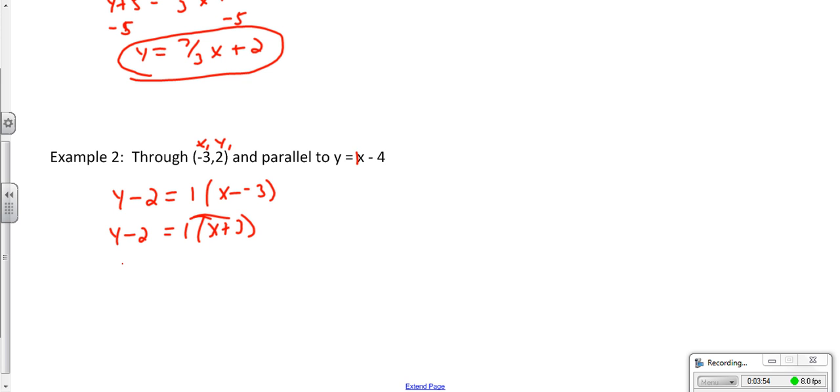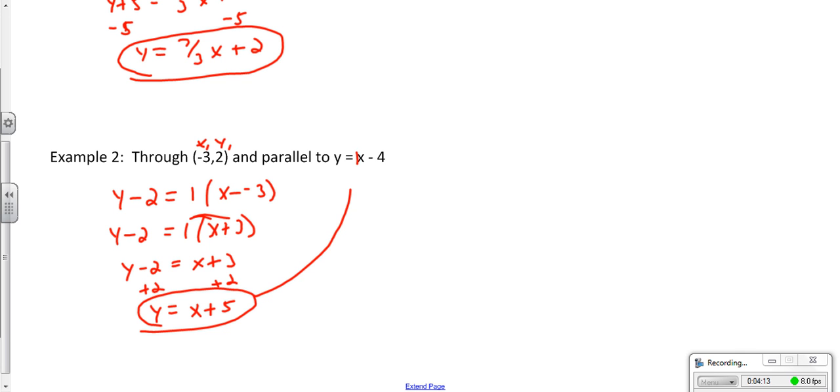Distribute. The 1 does nothing to it. Add 2 to both sides. And now we have the answer for this one. y equals x plus 5. y equals x plus 5 is parallel to this line and goes through that coordinate.